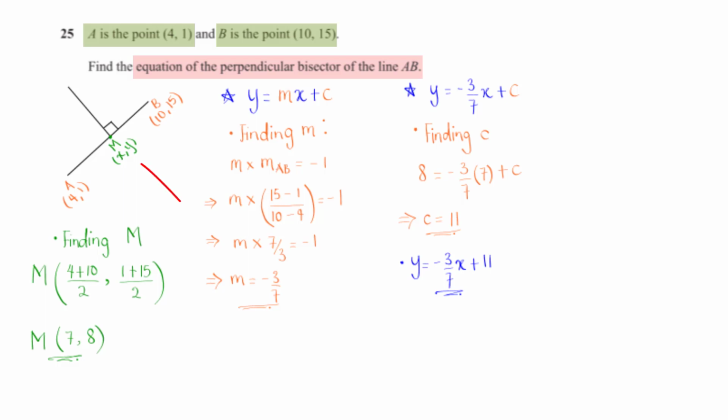Since we know that the line is a perpendicular bisector of the line AB, we can use the midpoint formula to find these coordinates. After finding these coordinates, we get the x coordinate as 7 and the y coordinate as 8. So we can slot these values into the equation and we get a value of c as 11. So we now have the equation of the perpendicular bisector as y equals -3 over 7 x plus 11.